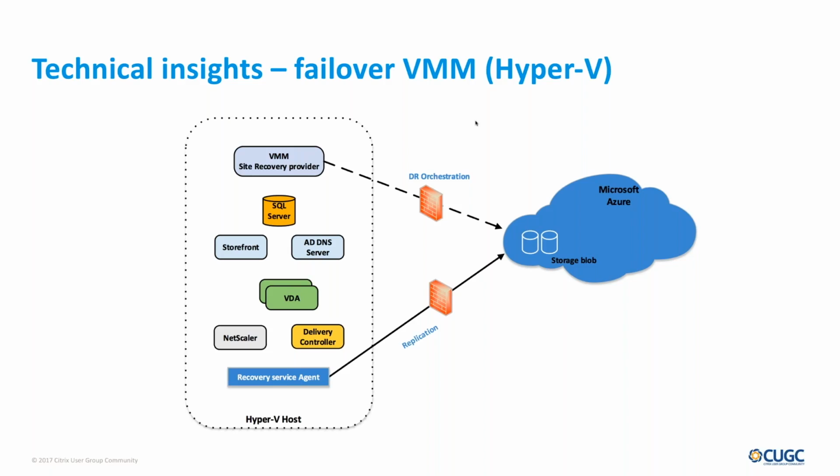But now the Virtual Machine Manager server is being used to orchestrate everything. So the management server, the process server and master target server, is now replaced by the Virtual Machine Manager server.